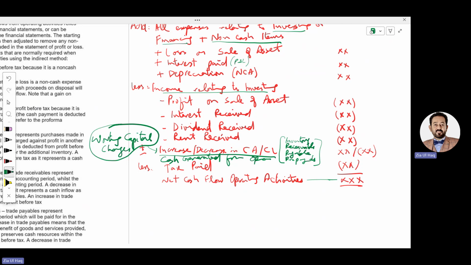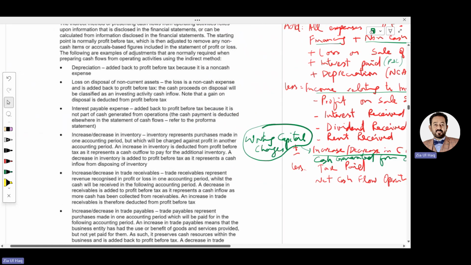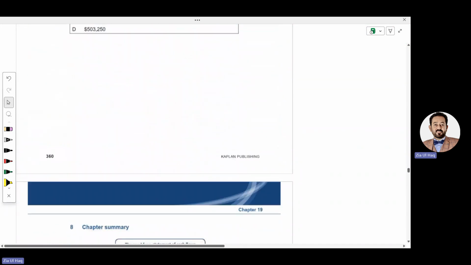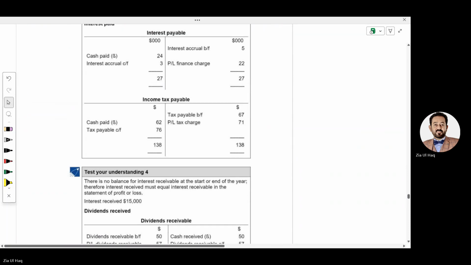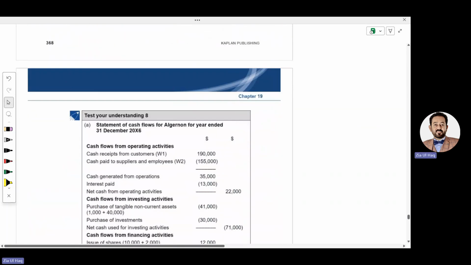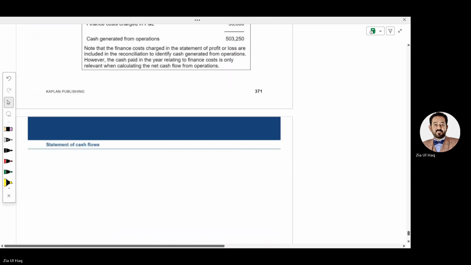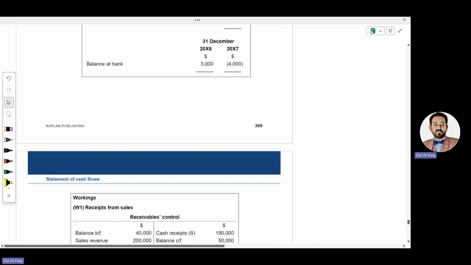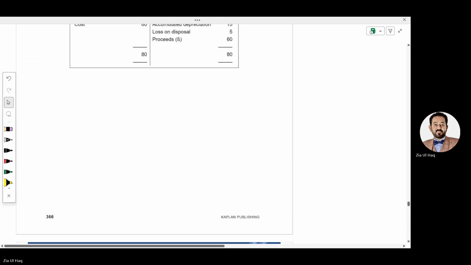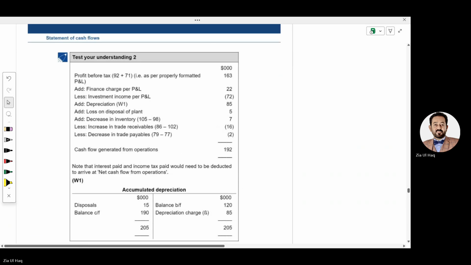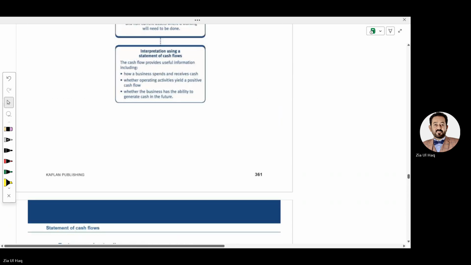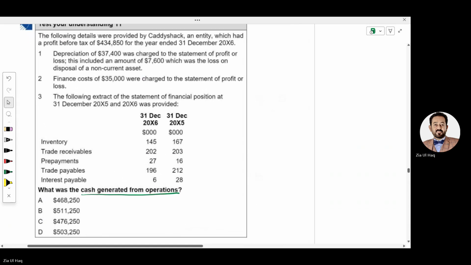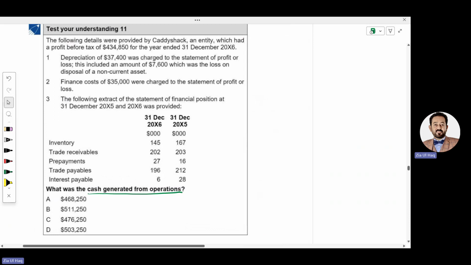We will arrive at net cash flow from operating activities. So good luck, everybody. You need to calculate cash generated from operations. That's test your understanding 11. We have moved towards answers. This is your question.